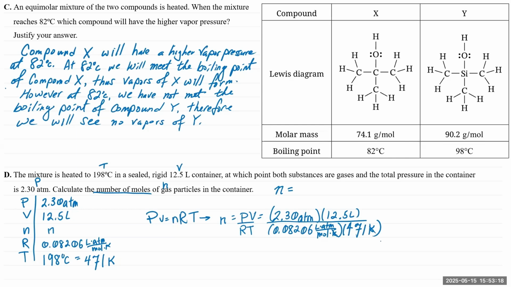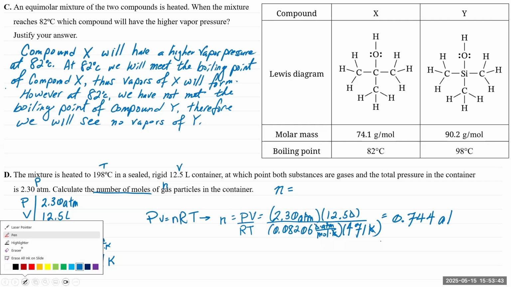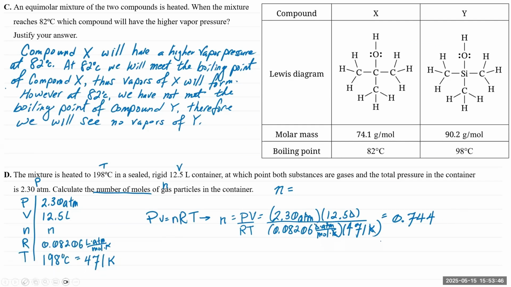Canceling out, we get 1 over mole inverted, which is mole. Our answer comes out to how many sig figs? We are using 3 sig figs, so it's going to be 0.744. Not atm, moles. Sorry about that. It's going to be 0.744 moles.